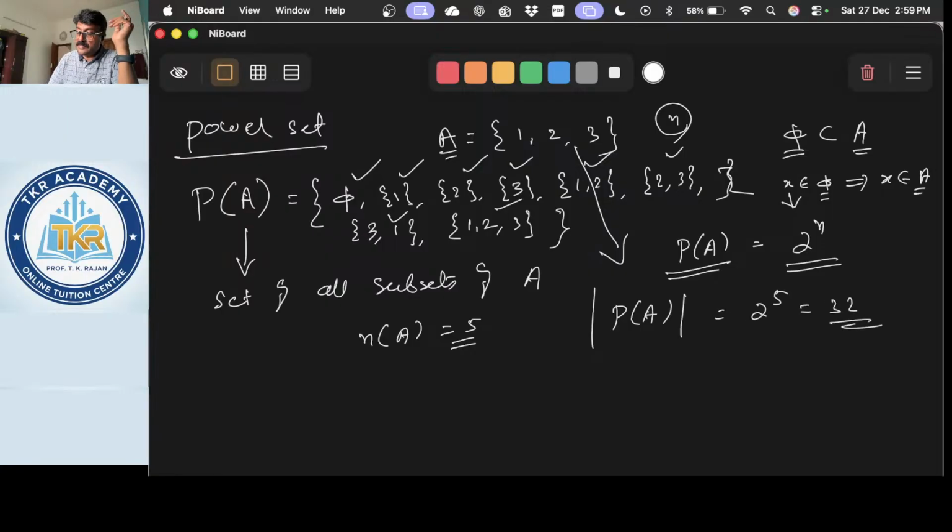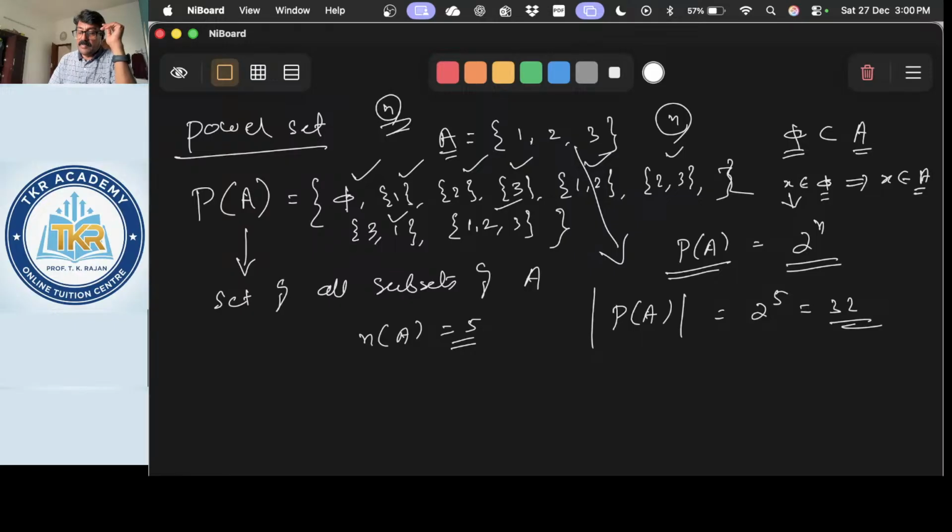How do we get this? You can easily check. If there are n elements in a set, then these n elements can be selected in such a way that you choose no object, one object, two objects, three objects, four objects, up to n objects. How many ways can you choose? That's the question.